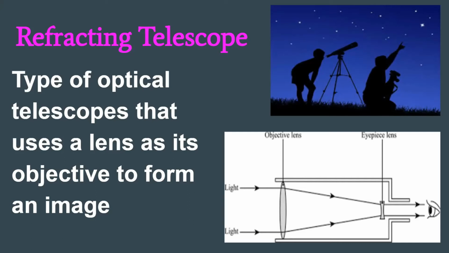And the block diagram or line diagram of such a telescope is what we see, with the eyepiece lens here, and we see the objective lens. So when light falls on this lens, the light refracts to the eyepiece. That is a typical example of the telescope we are seeing here.